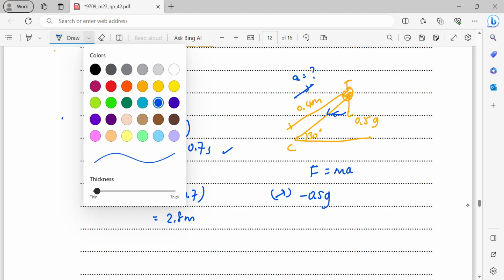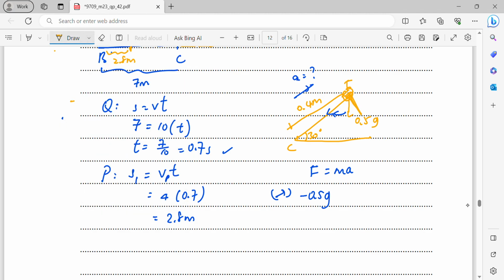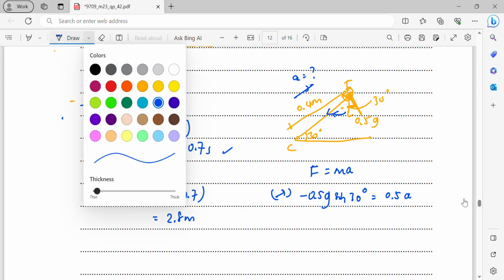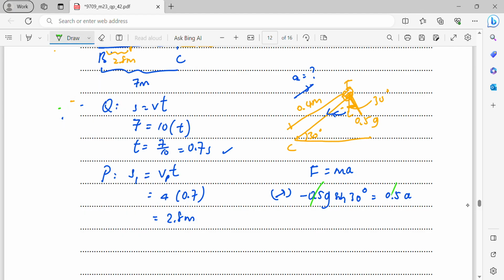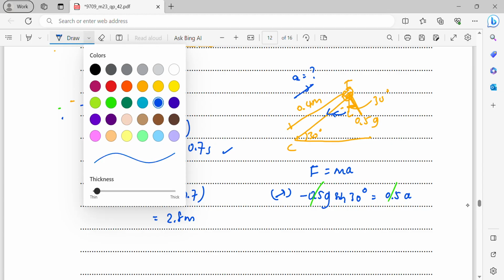For your information, here the angle is going to be 30 degrees. I am not using my own angle, I'm using 30 degrees. Therefore, it will be sine. So negative 0.5 g sine 30 degrees equals ma. My m is 0.5, and the a is unknown. The 0.5 will be cancelled off from both sides, so you can find the a.